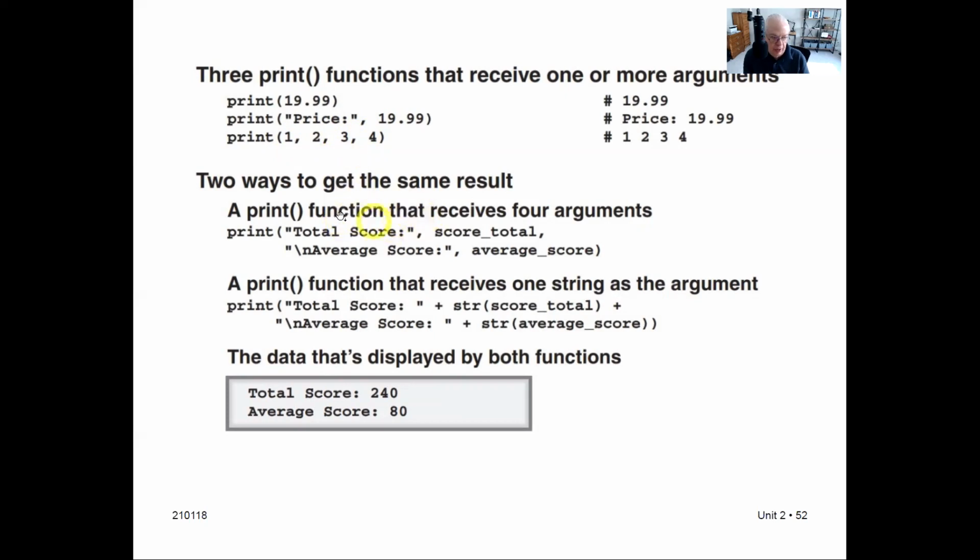So this example is a print function that has 4 arguments in it. We have a string, then we have the output of a variable. We have a new line. We have a string. The new line's in the string. Notice that it's inside the string. And then we have a number, okay? In this one, the print function receives one string as an argument. So this is another way to do it.